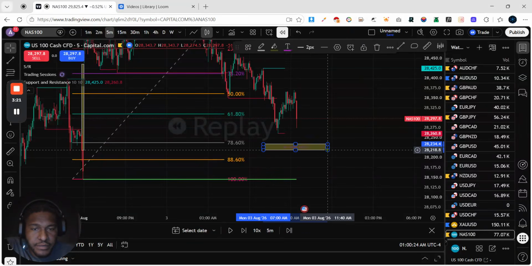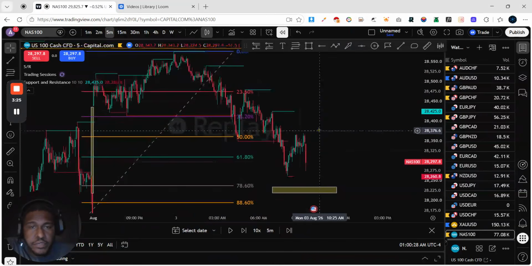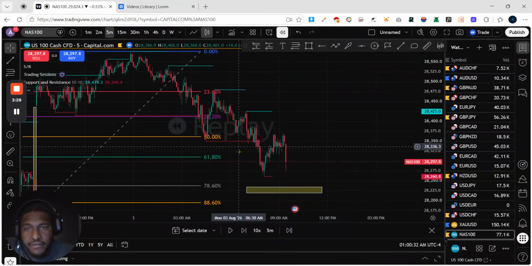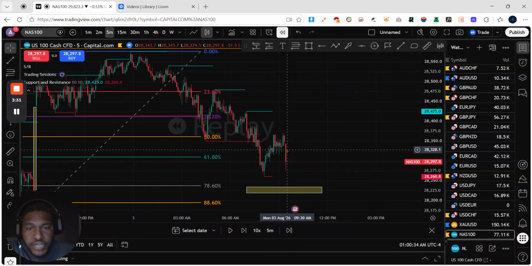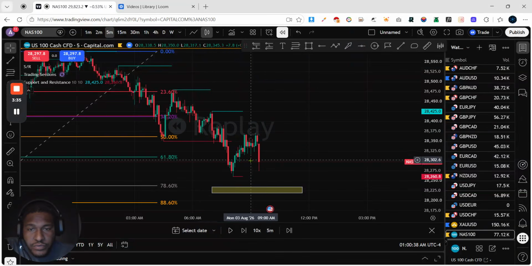This lets me know this is a reversal at this point. This is the golden zone, so we already pulled back to the golden zone. If I need to see structure change, then we pretty much need to come here.